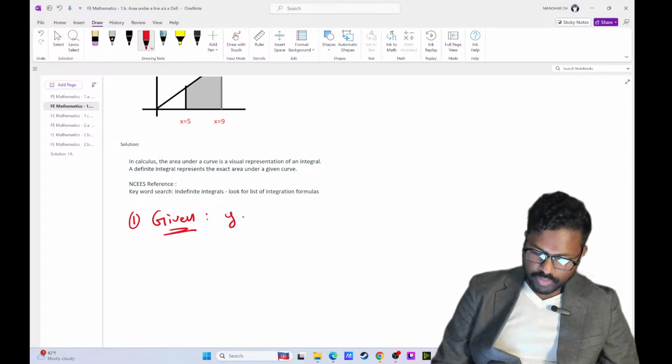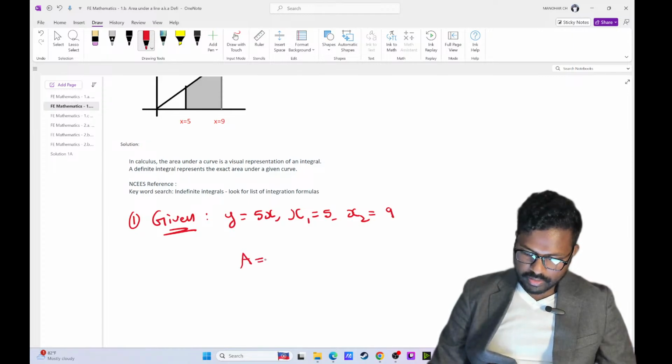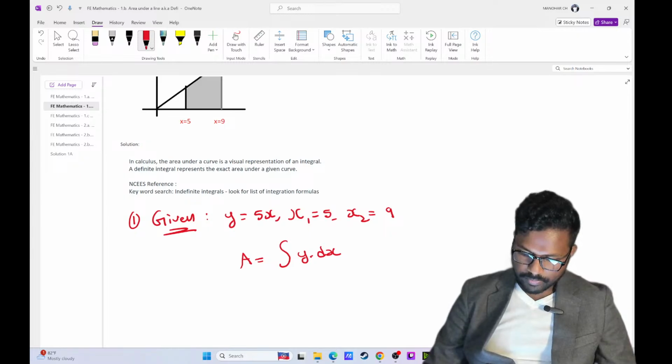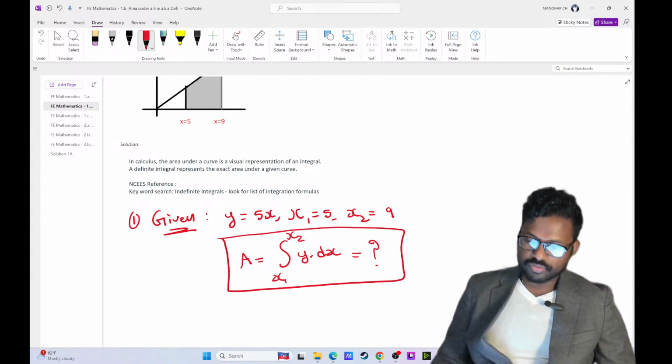So given, we have the equation y is equal to 5x, lower limit x1 is equal to 5 and upper limit x2 is equal to 9. Area A is equal to the integral of y dx from x1 to x2 is equal to question mark. So this is what we want to find. That is the given in the problem, guys.